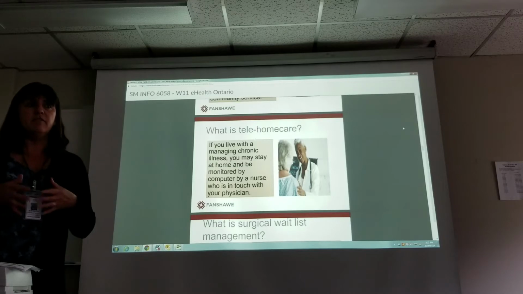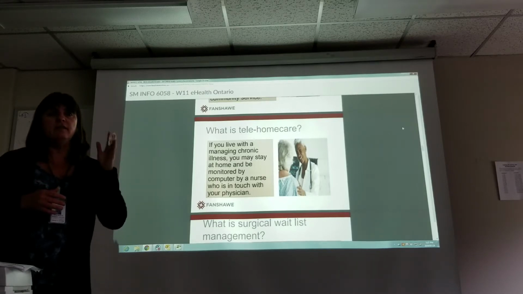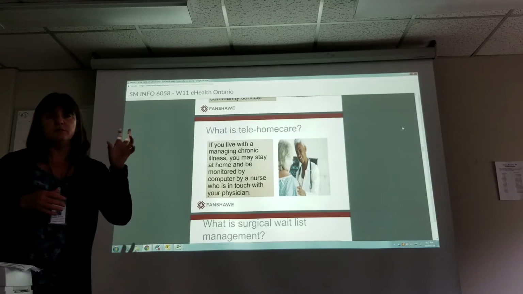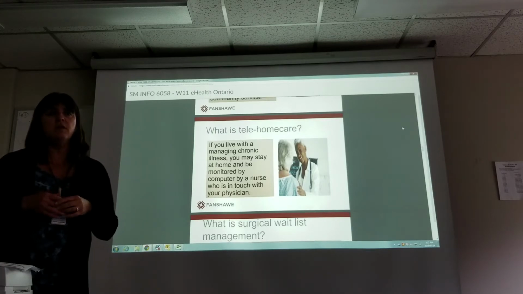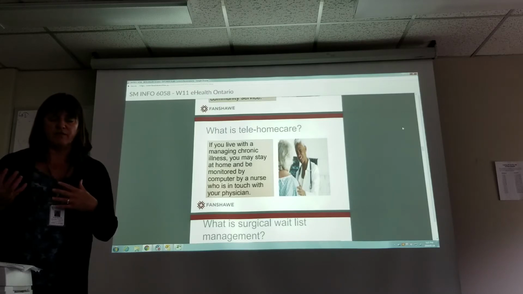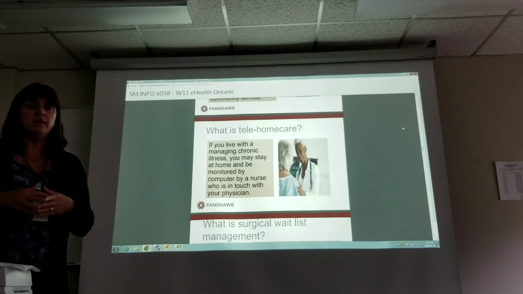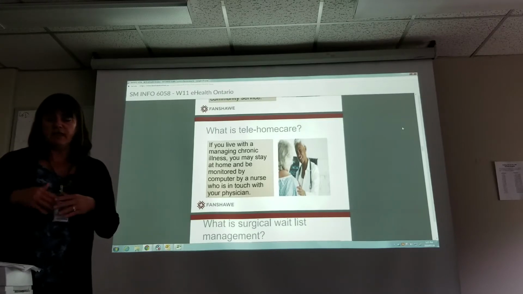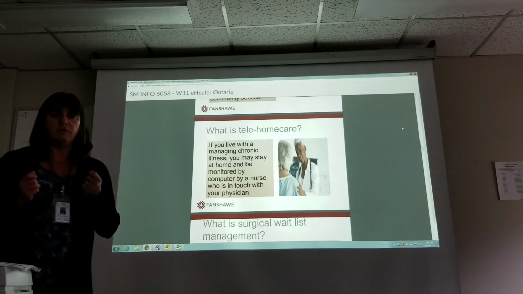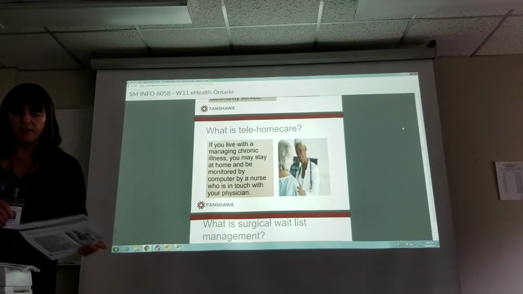One example is we have a cardiac heart failure clinic located out of St. Joseph's. The nurse practitioner is in St. Joseph's Hospital, but the majority of her work is done over the phone or via teleconference. If she needs to bring the patient in, she will, but if it's not necessary, they can certainly stay at home, and she can communicate with them and manage their care remotely.